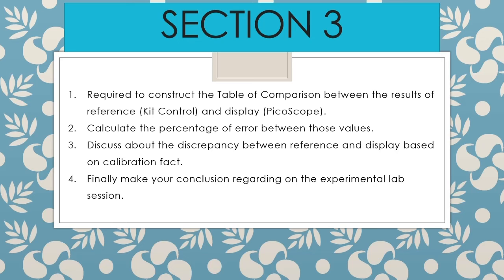Next is to calculate the percentage of error between those values. Number 3 is to discuss the discrepancy between reference and display based on calibration fact. And lastly, we need to come up with a conclusion for this lab exercise regarding the experiment lab session.